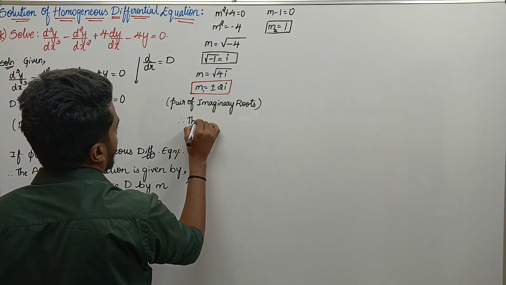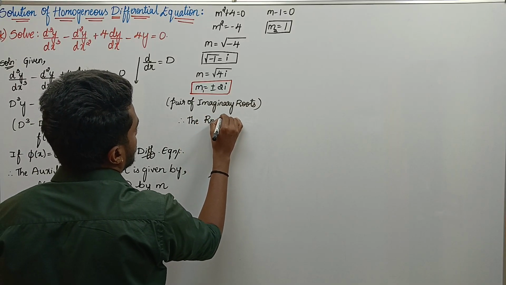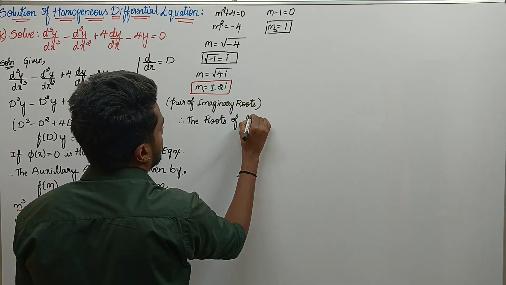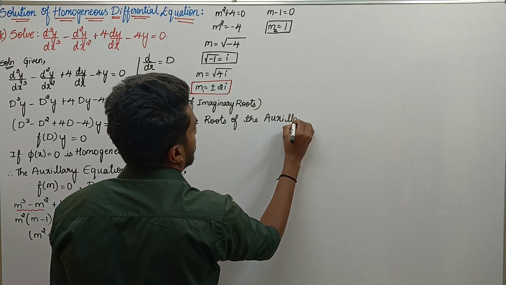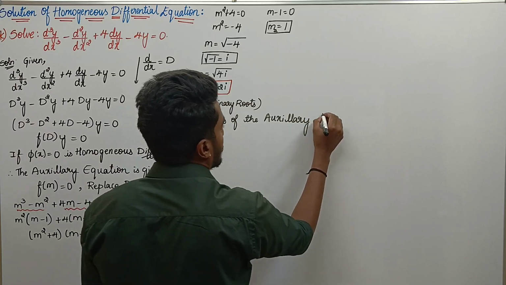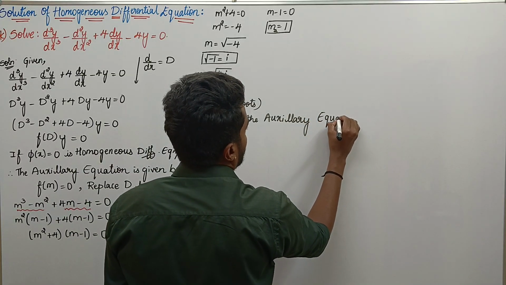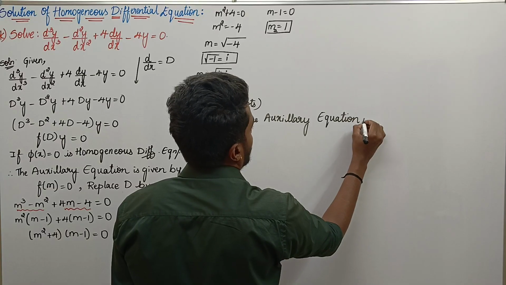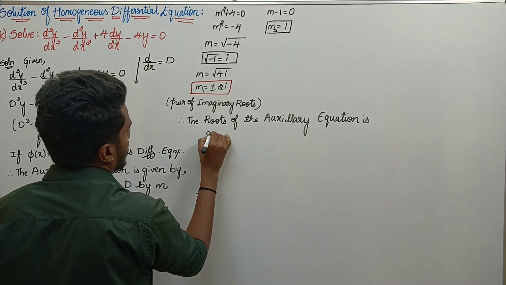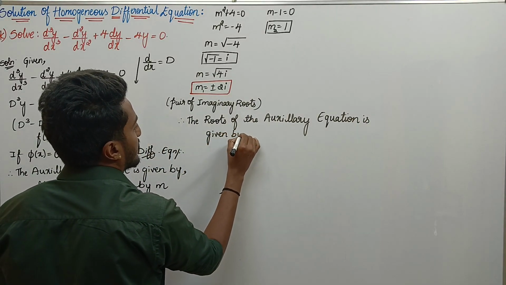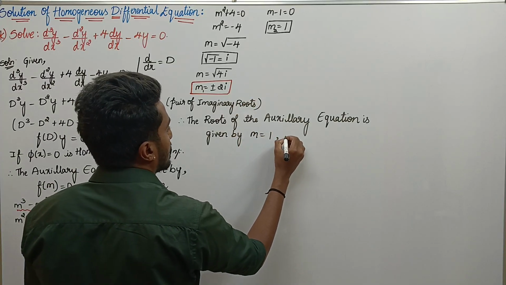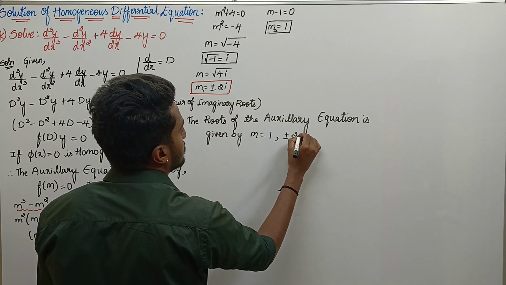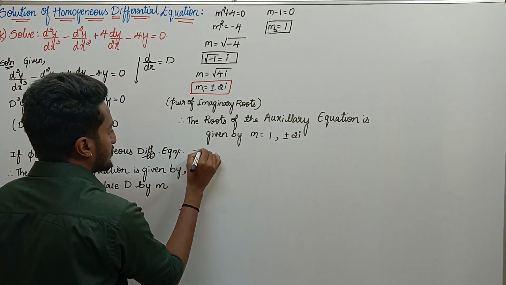Therefore, the roots of the auxiliary equation are given by m equal to 1 and plus or minus 2i.